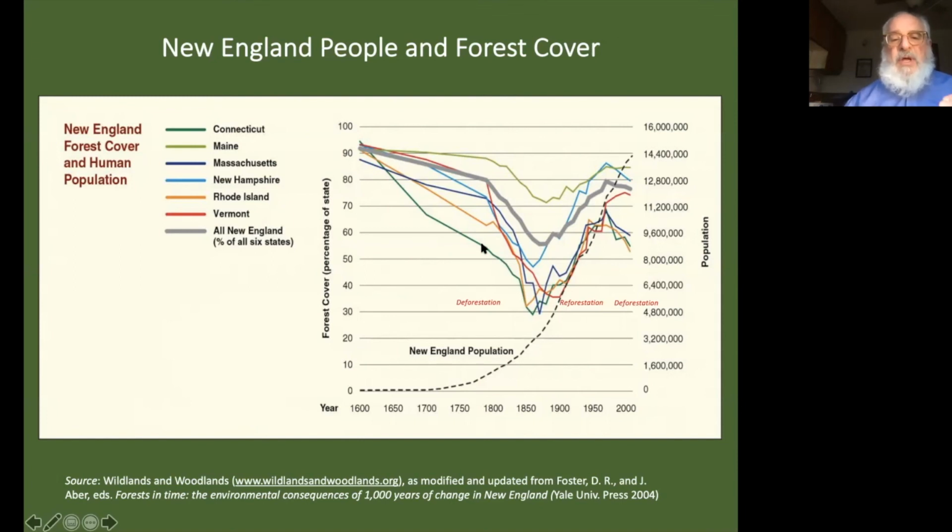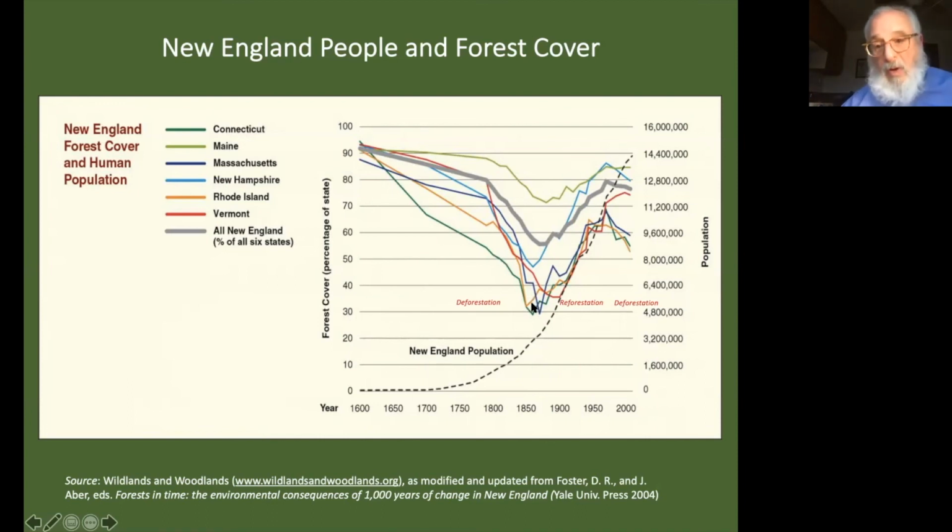You can see there was a decline in forest cover because people were clearing the land, people were building houses, et cetera. But the big dip in forest cover was between 1800 and 1850.